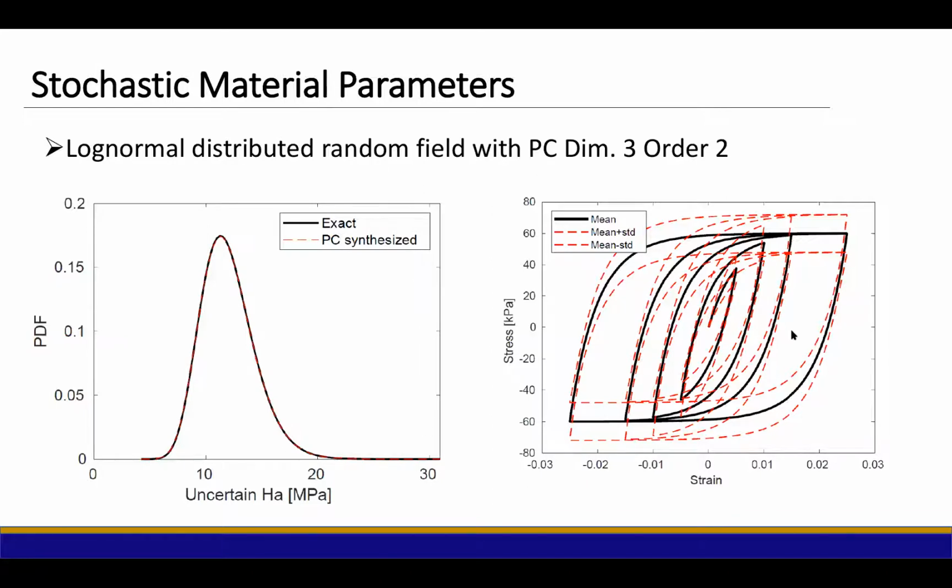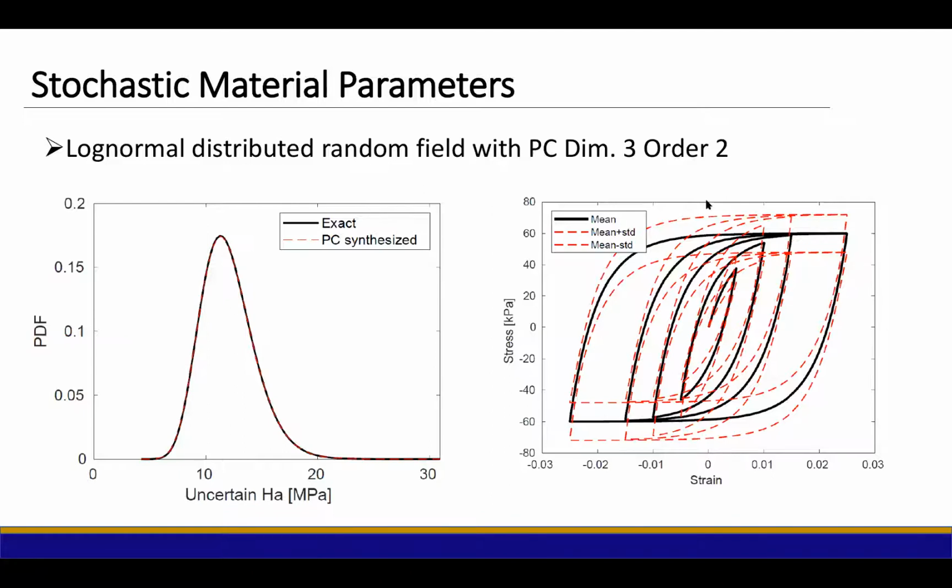Then you might also want to check whether this probabilistic material response is as expected. So here we are also checking the response of the first layer of the material using strain control. As you can see here, we have both some uncertainties in the initial stiffness and also the uncertainties in the final shear strength. Yes, that's true.